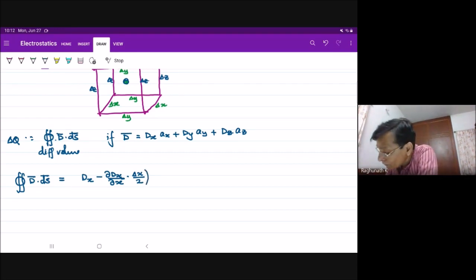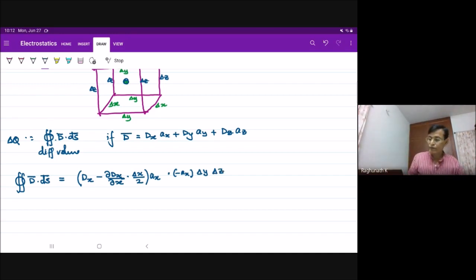Dx ax dot minus ax delta y delta z. Check it once. Is that the flux through the hind face? For D bar, I want to look at only the x component because I want only the normal component there.